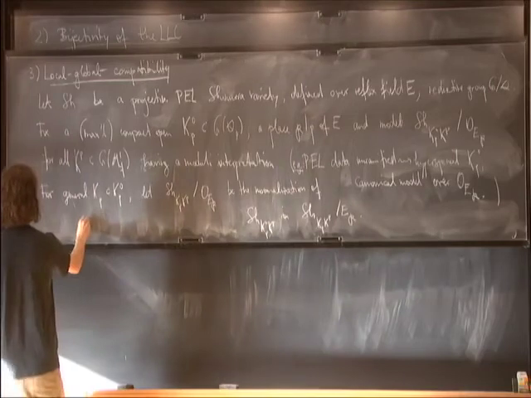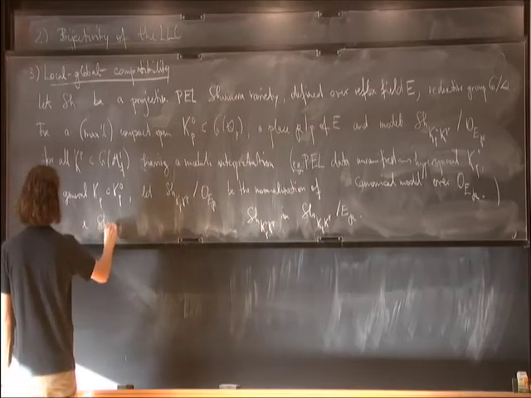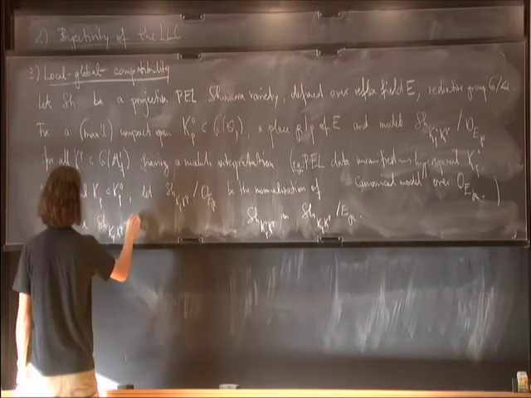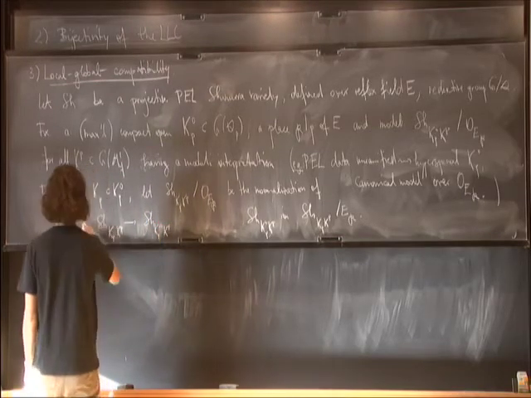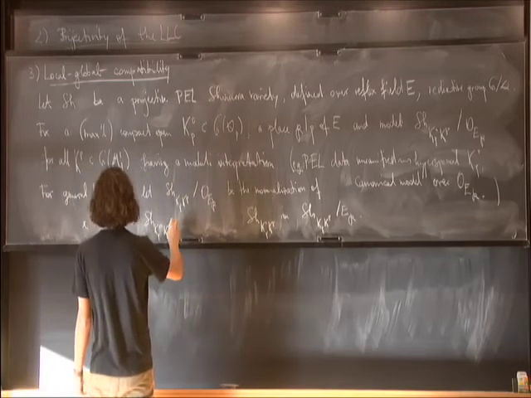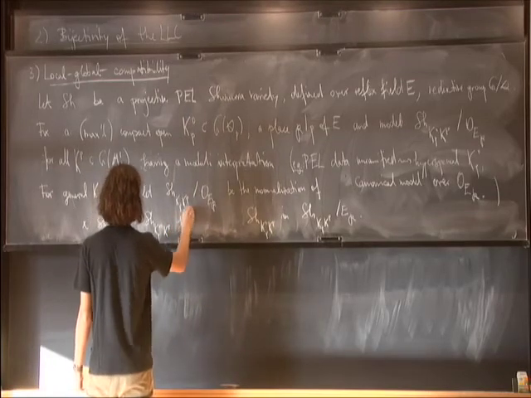So in particular, we have a finite projection map to the Shimura variety without level structure.